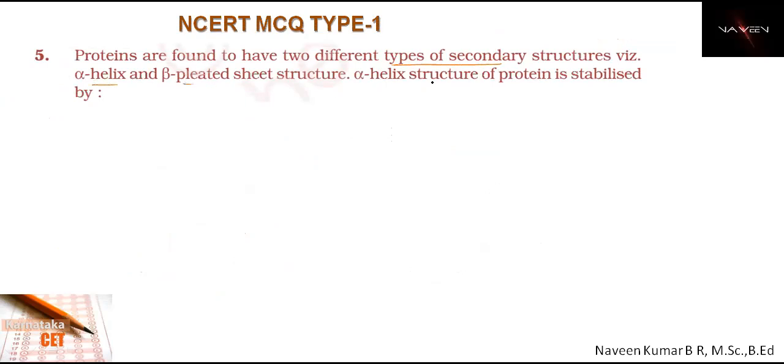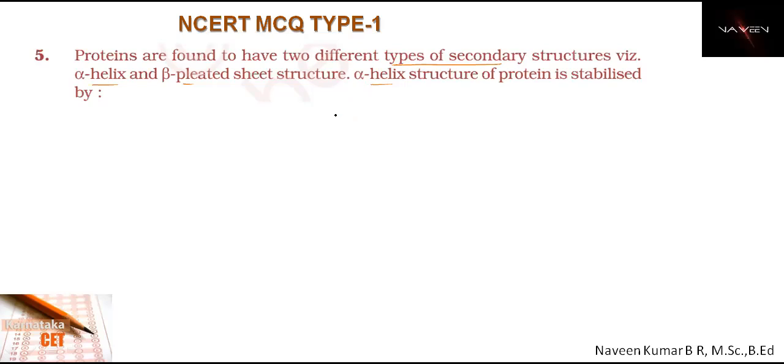If you observe, the alpha helix structure of protein is stabilized by... So when we are learning the structural levels of proteins, importance is given to the bonds or attractive forces. In the primary structure, peptide bonds hold the amino acids together. In the secondary structure, whether in alpha helix or in beta pleated sheet, hydrogen bonds stabilize the structure.